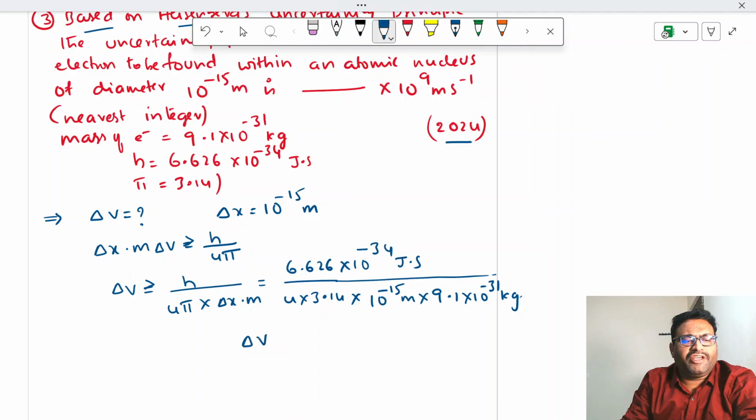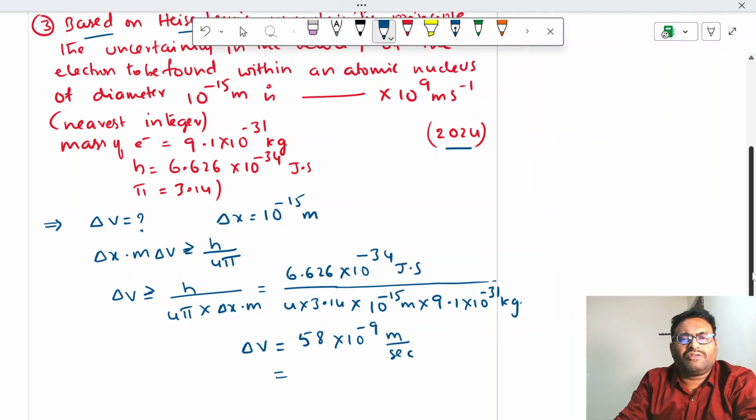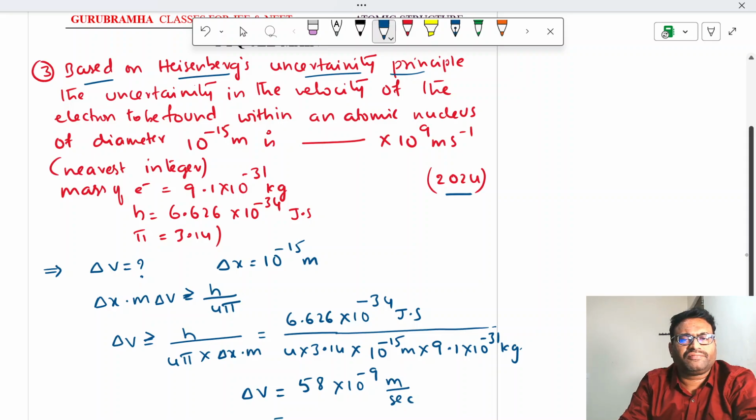So delta V, what do you get? We get 58 into 10 power minus 9 meters per second. So what will be the answer? 58.